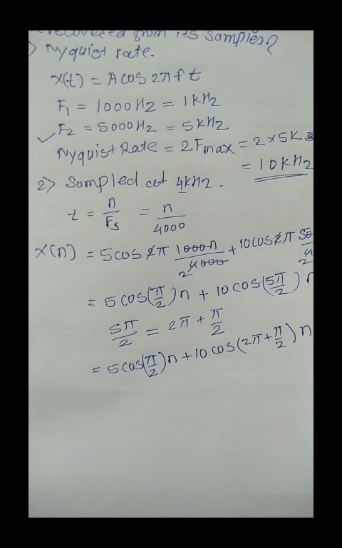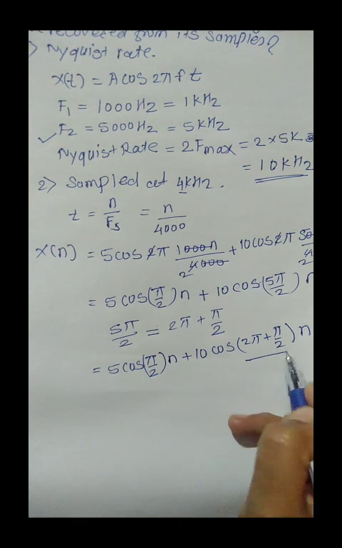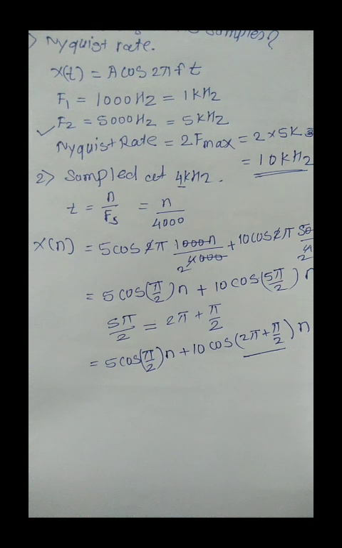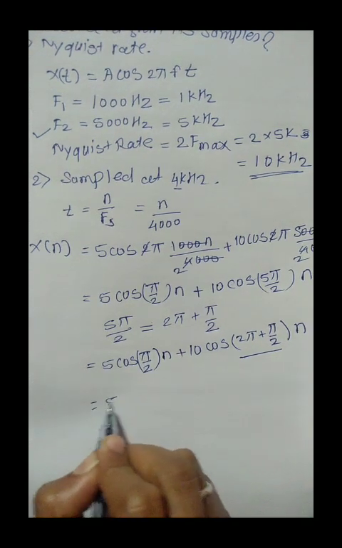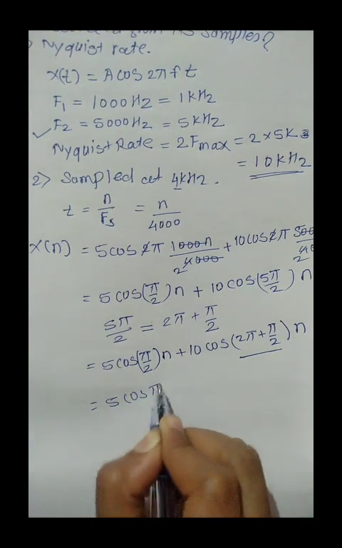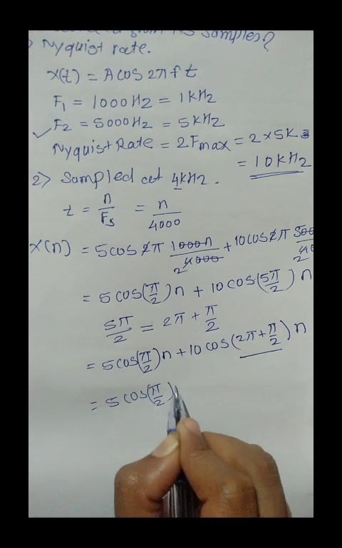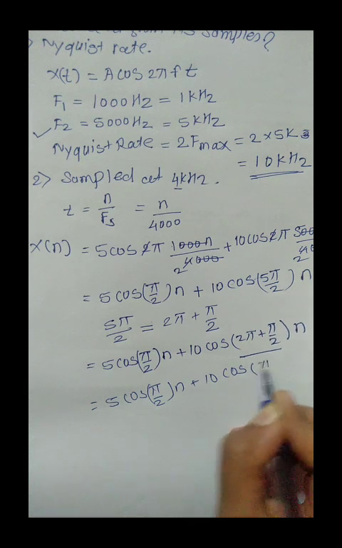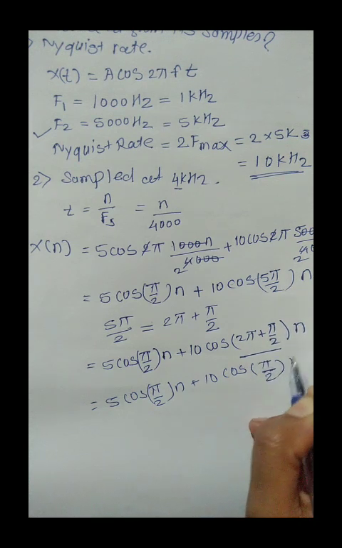Do you remember one trigonometric formula? Cos of 2 pi plus theta is equal to cos theta. Hence, we can write 5 cos pi by 2 n plus 10 cos pi by 2 n.